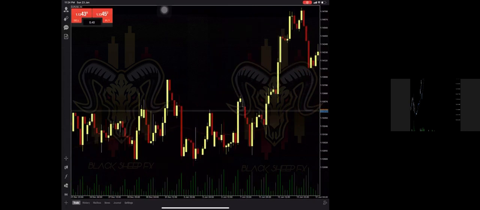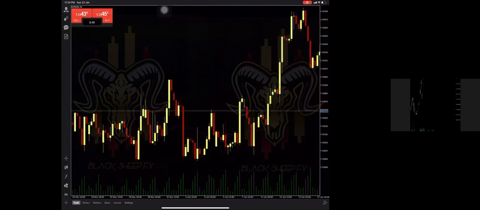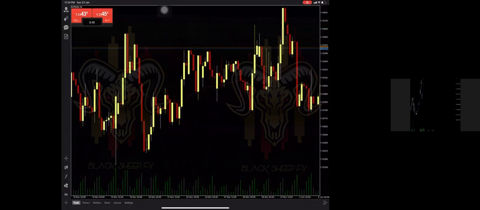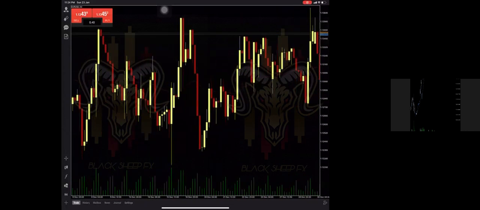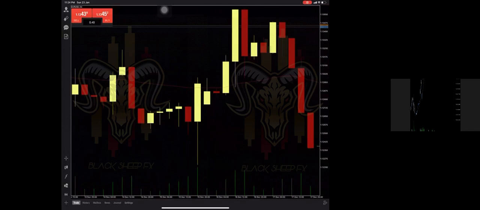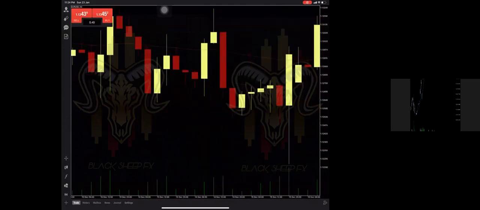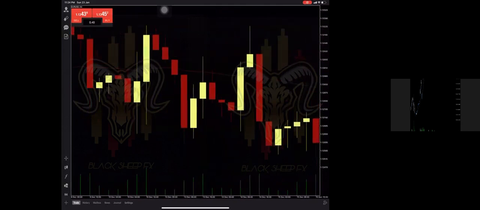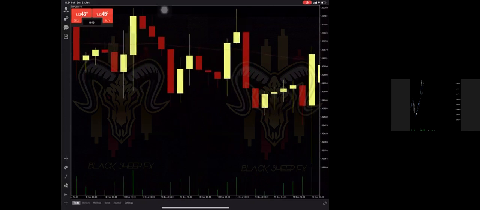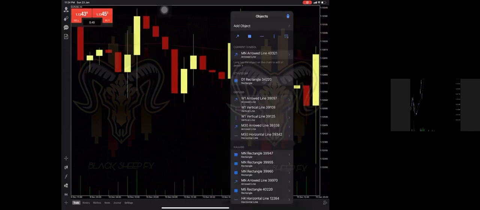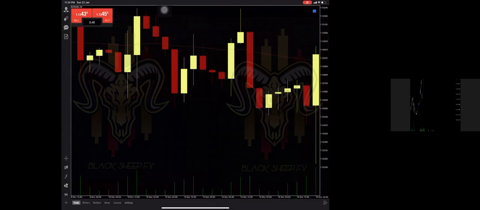I want to show you a weak engulfing first. Let's take this one, and let's role play in our head. We are here, and boom, the price spiked and left an engulfing buy over here.